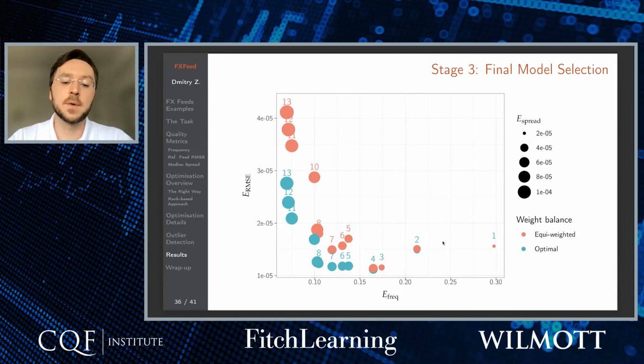So first of all, it may decrease, but then as you start adding worse and worse feeds into the model, the metric may start to increase. And so in this case, the analyst should say, aha, there's always a compromise. And I'm satisfied with model number 8 because it has a sufficiently high frequency and it's sufficiently close to the reference feed, and its spread didn't degrade dramatically. So we choose model number 8.